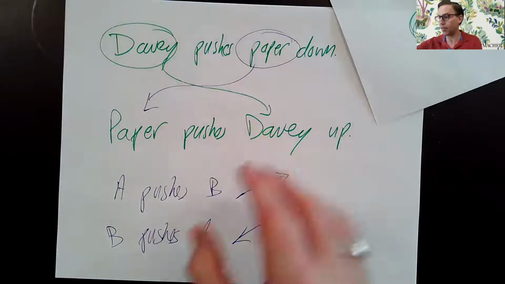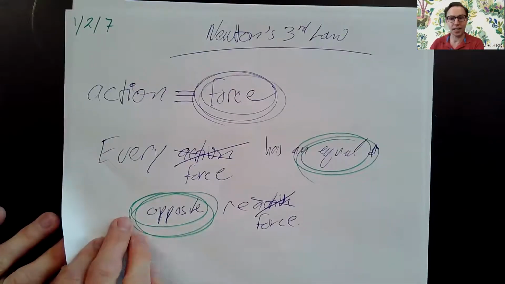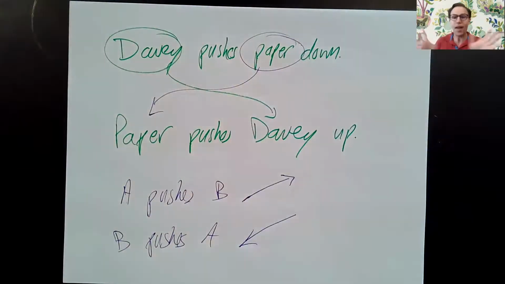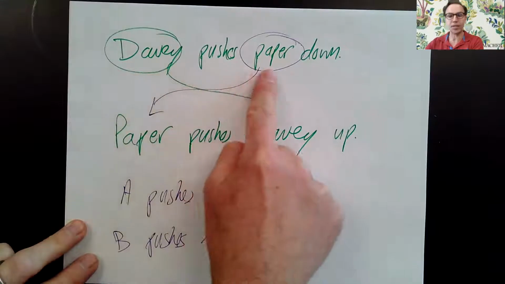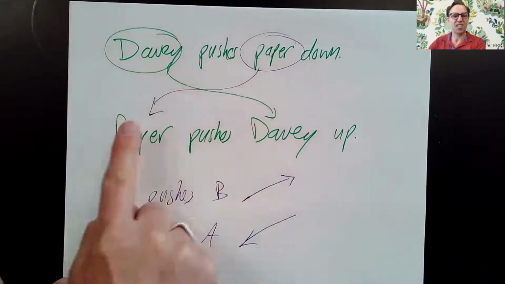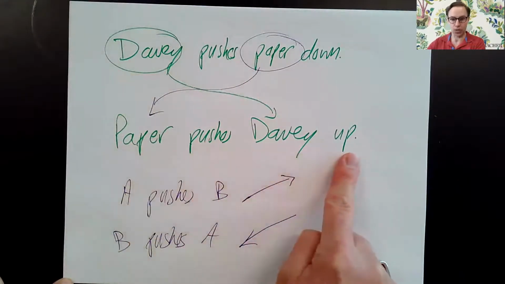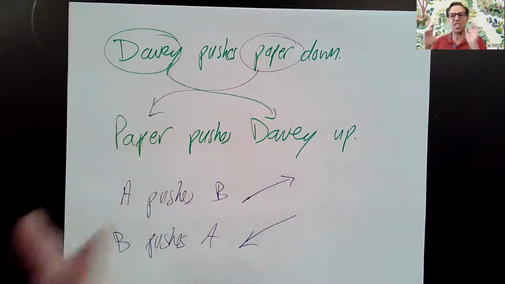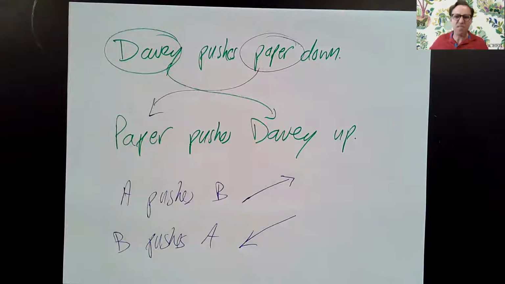But Newton's third law, every action has an equal and opposite reaction. All that means is that if you say the force sentence, this other sentence is also true, where you take these two nouns and switch their order. It is true for every force that exists in the universe.